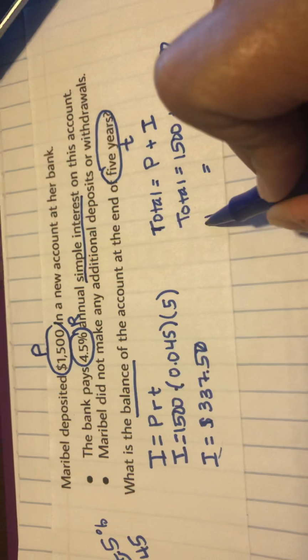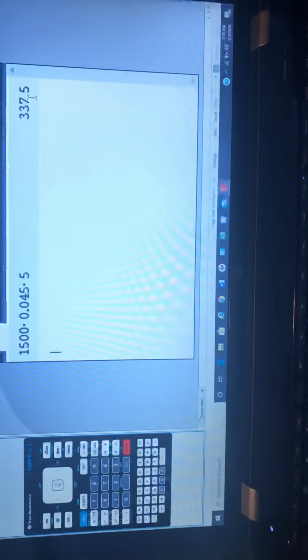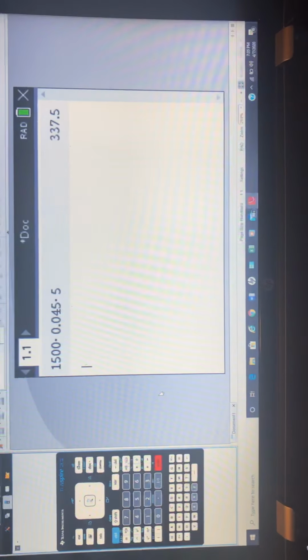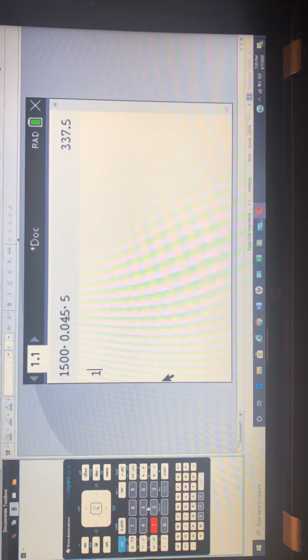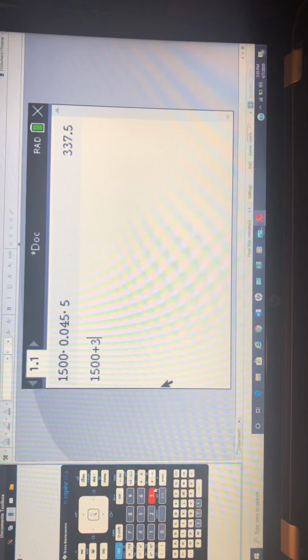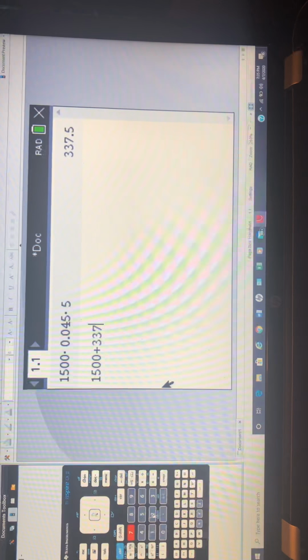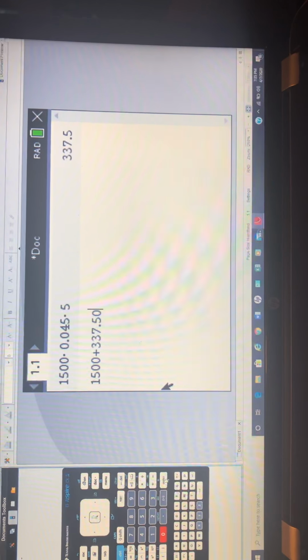So her total balance is, and again, I'm going to come over here to my calculator, and I'm going to take that 1,500 and add it to $337.50 and enter.